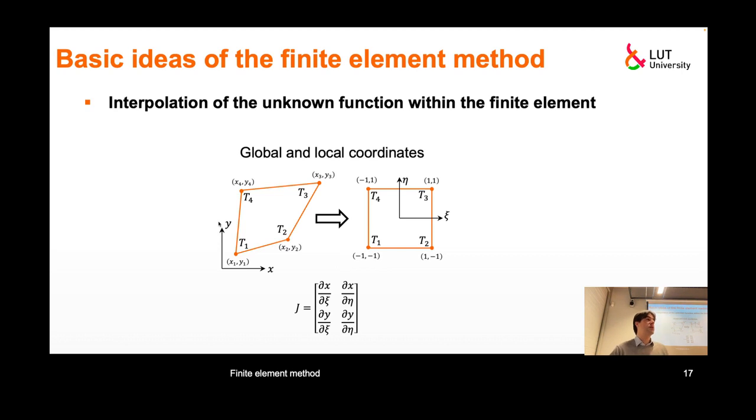Okay, I assume that you are in general aware of this type of transformation, like moving from one coordinate system to another, and this transition can be described by a Jacobian matrix consisting of partial derivatives of coordinates from one set with respect to coordinates from another set. That describes the relationship between those two.